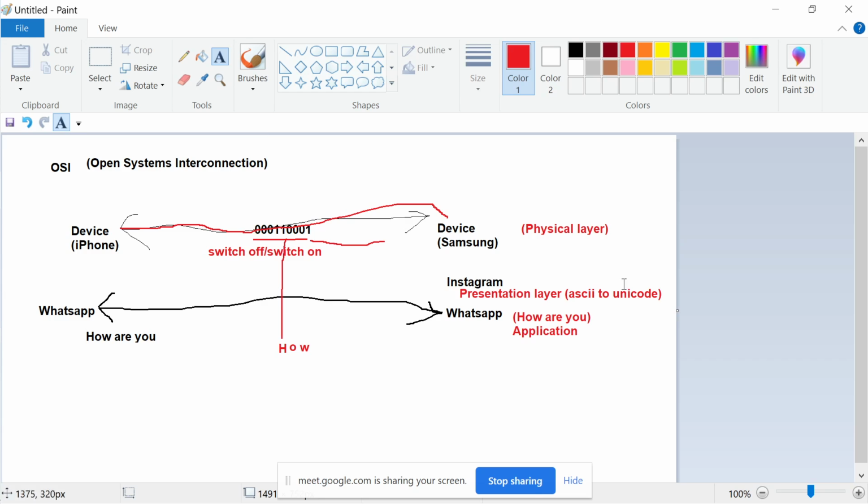So what is Unicode? Anyone tell me? Every character has its code basically.